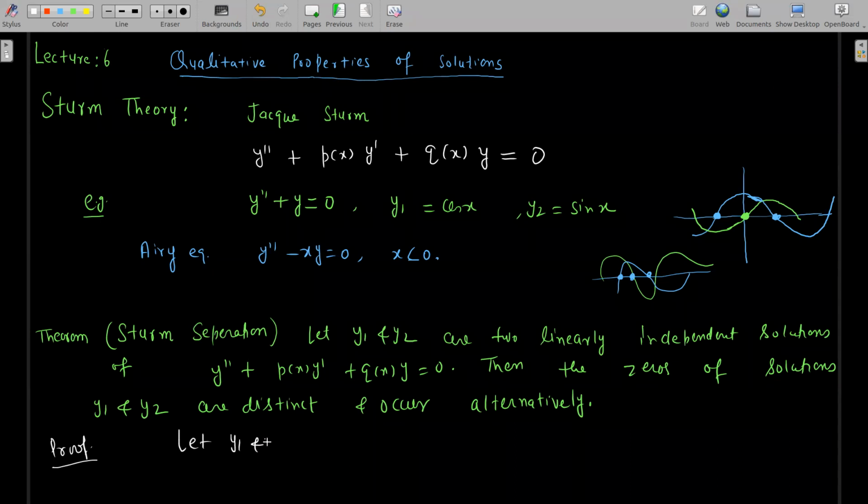Let y1 and y2 be a fundamental set of solutions, or two linearly independent solutions, of the second order equation.